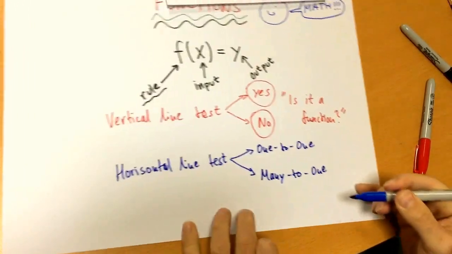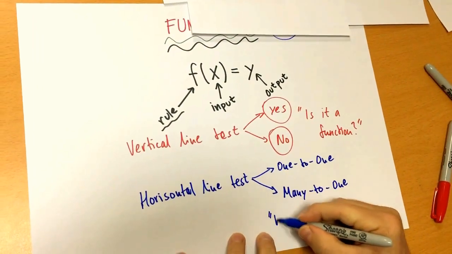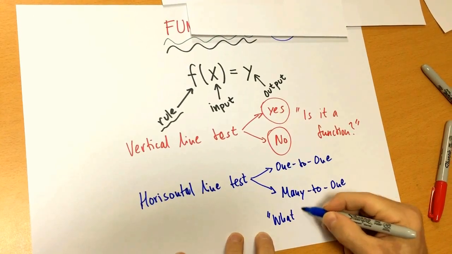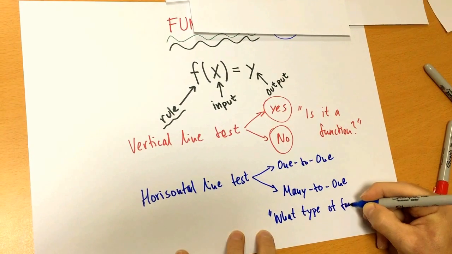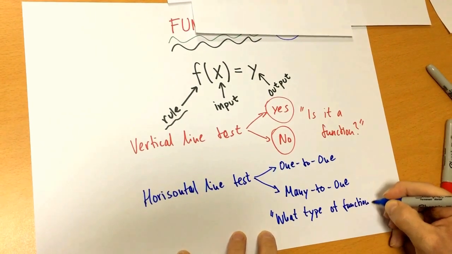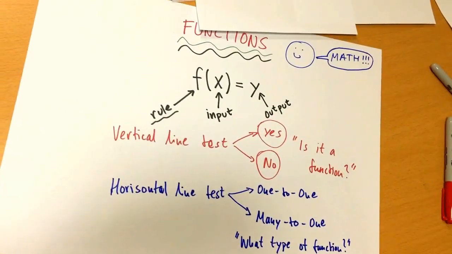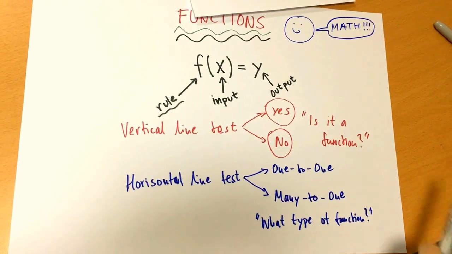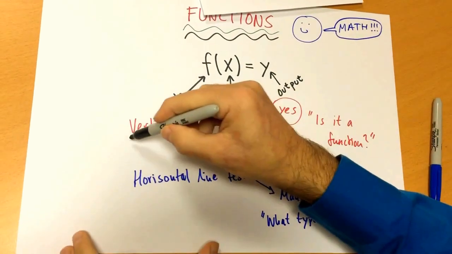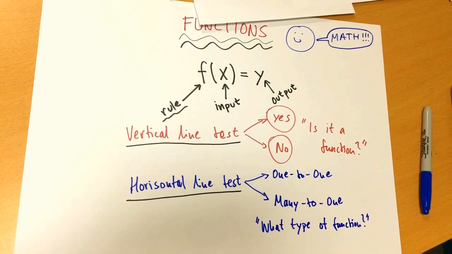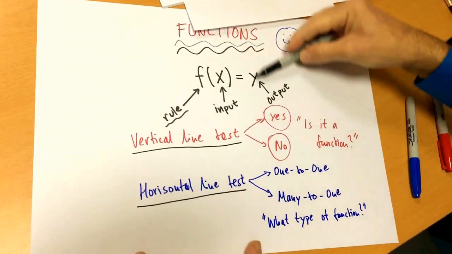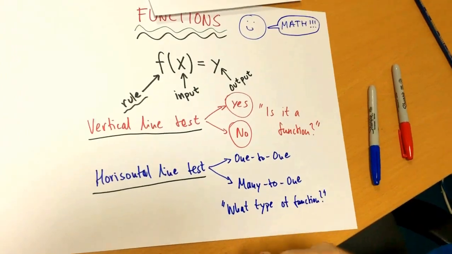So what I wrote in blue here answers the question, what type of function? So vertical line test, horizontal line test are the two fundamental things to consider when you have a rule that looks like this.